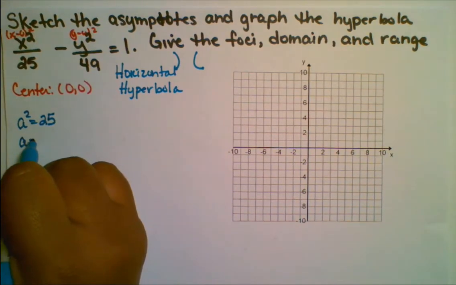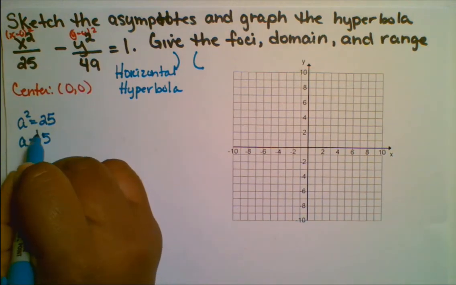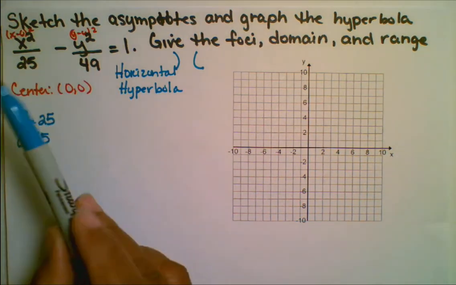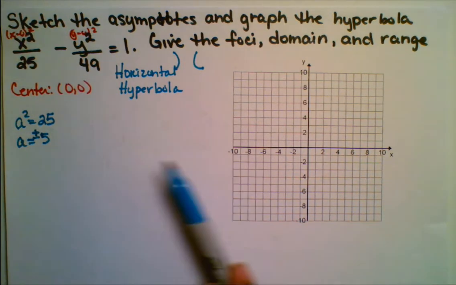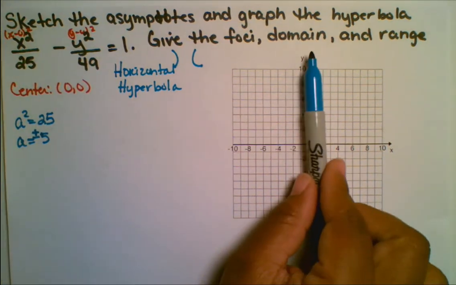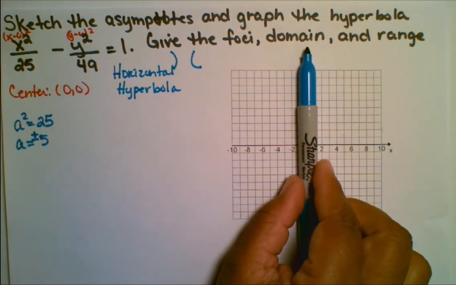Therefore, a is going to be plus or minus 5. Now, actually, we can stop there. We don't have to find b squared because since this is a horizontal hyperbola, our vertices will be at positive 5 and negative 5. So that means we're not looking along the y-axis here.